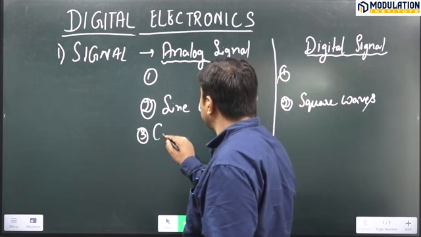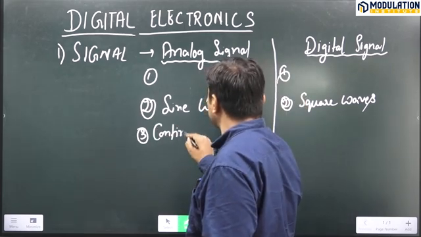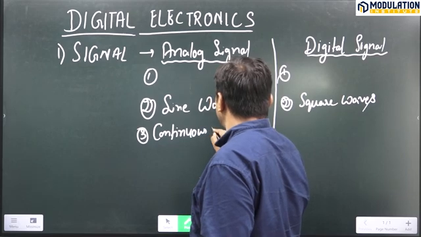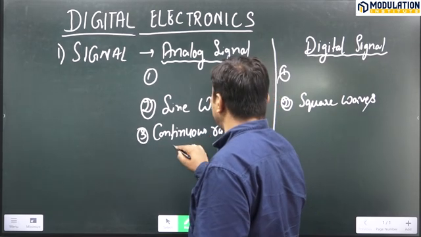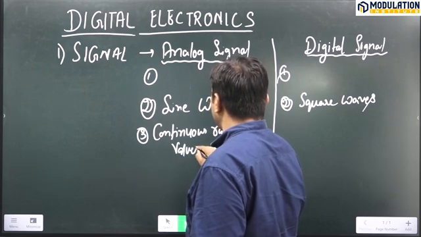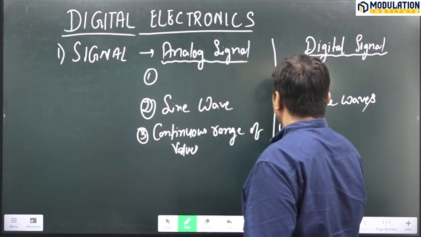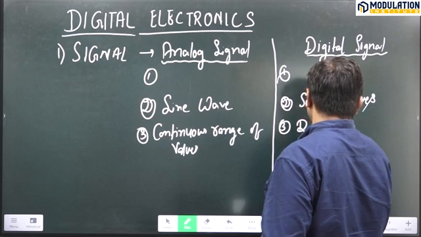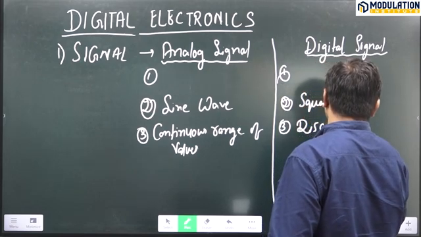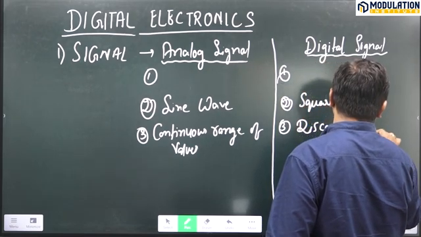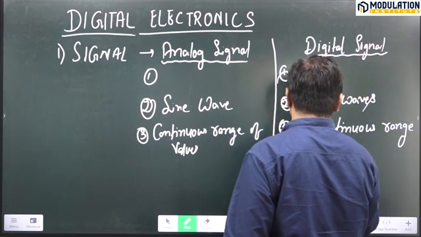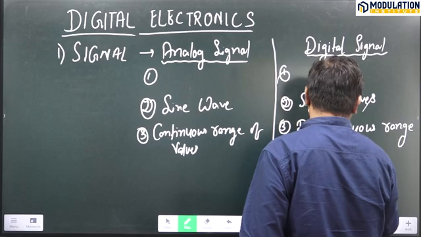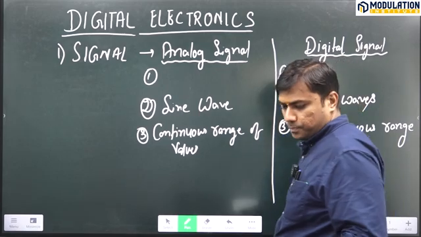So analog signals have a continuous range of values, while digital signals have a discontinuous range of values.